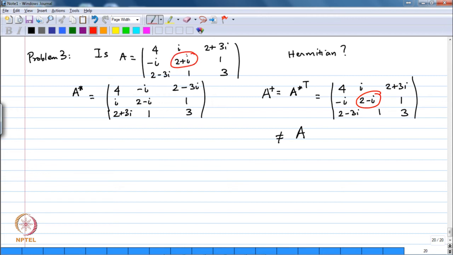Okay. Now, what I want to emphasize is that for a Hermitian matrix, this implies that the diagonal elements have to be real.